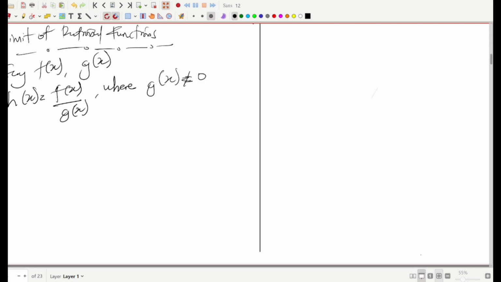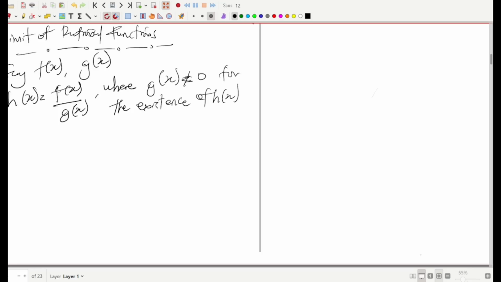The denominator g of x shouldn't be 0 because when it's 0, the whole h of x becomes undefined. It approaches infinity, we cannot define the exact h of x function.